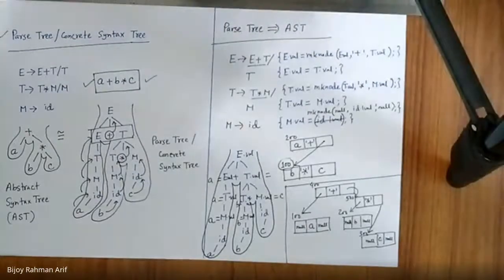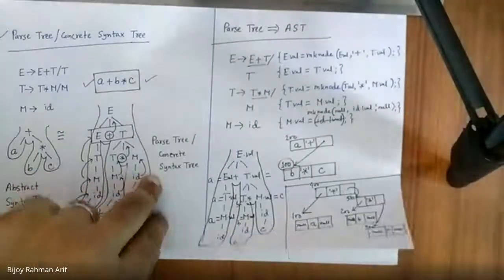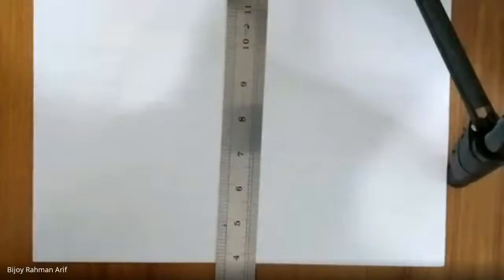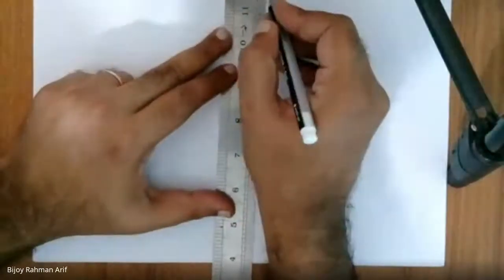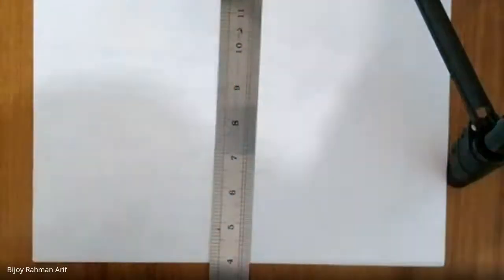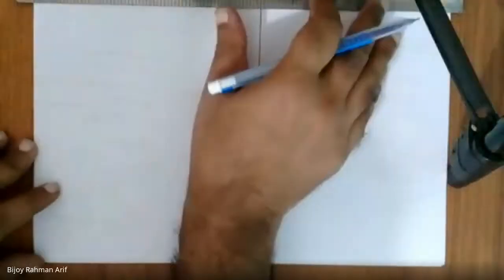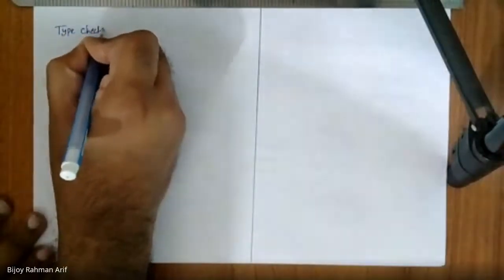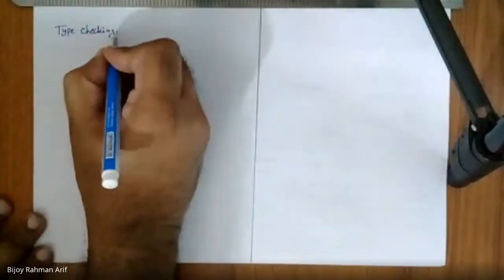So let's go to another SDT. How about this? Type checking. Type checking SDT.